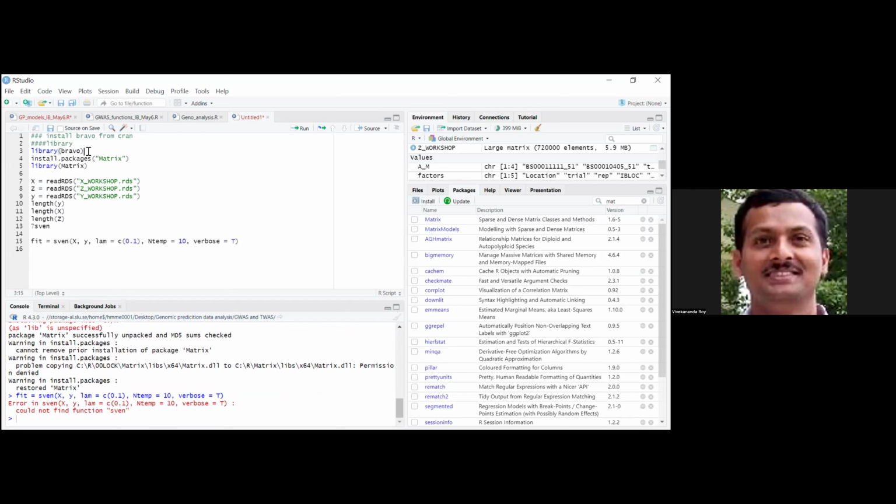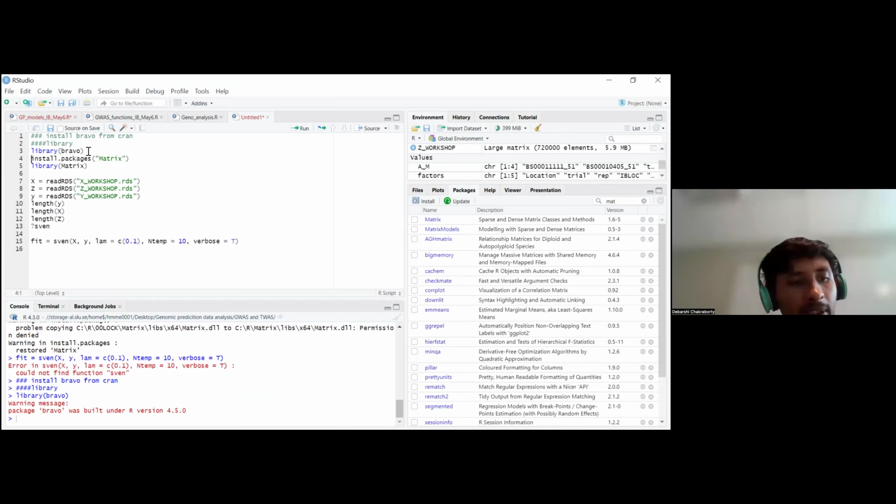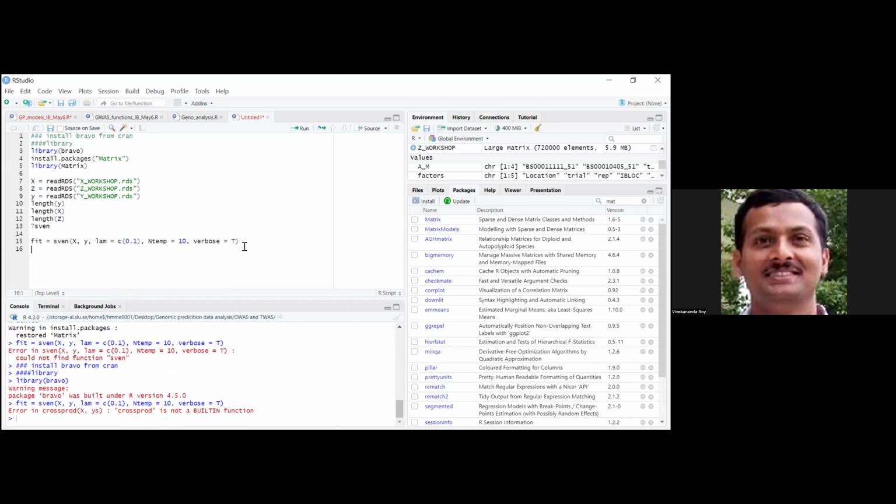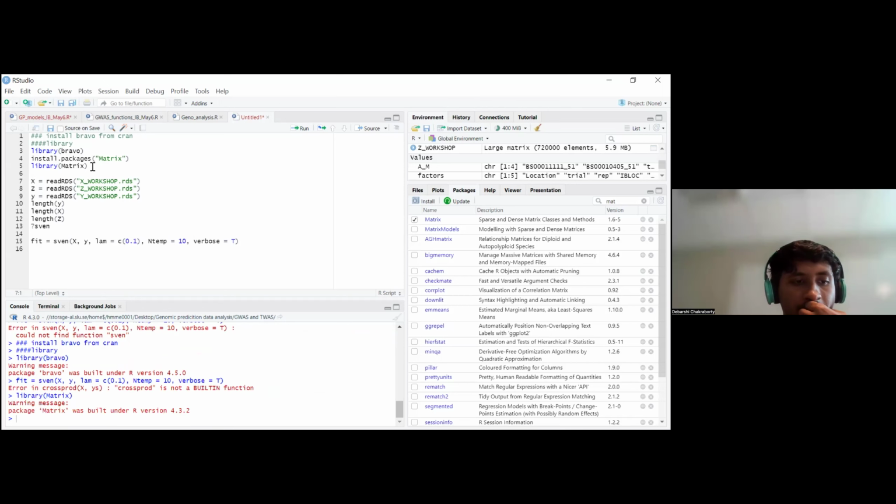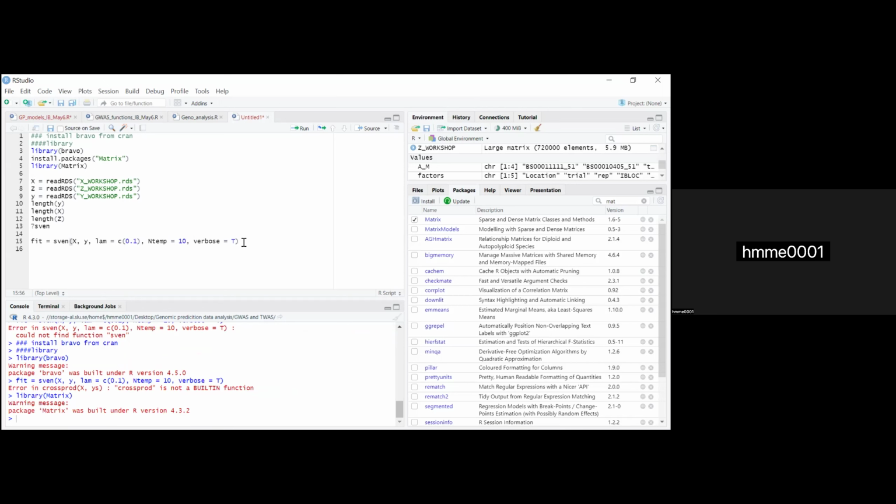Oh, it can't find the function. Maybe because the library Bravo was not run. Oh, it's the same problem. Yes, it's the same problem.